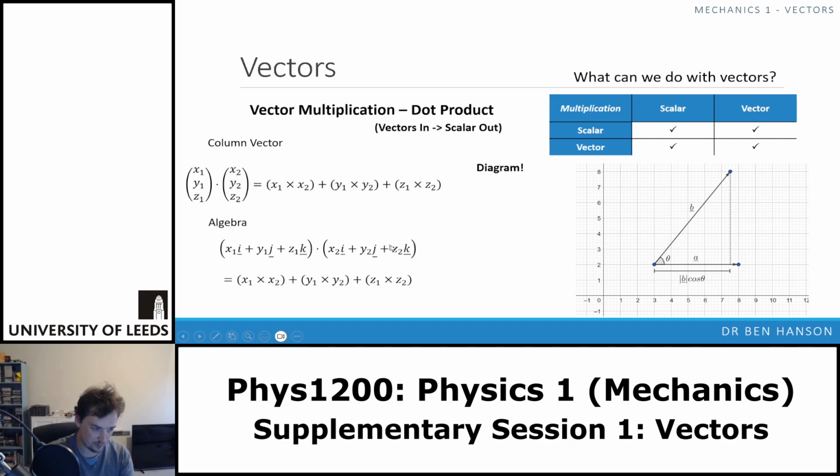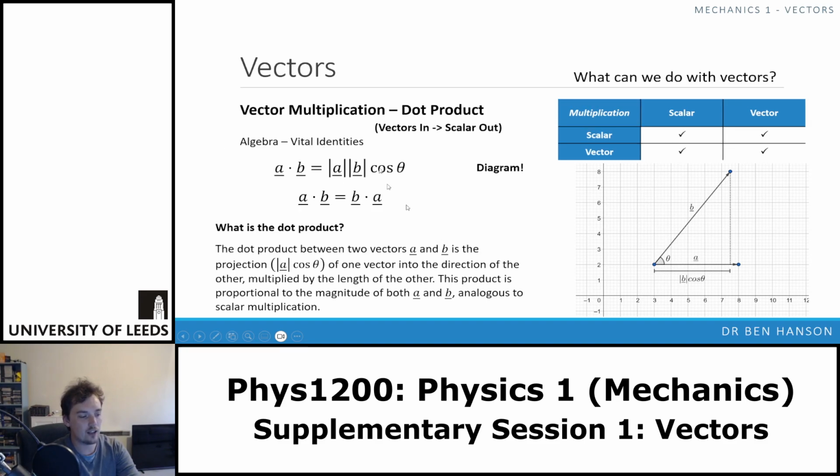If we times out these brackets exactly like normally timesing out brackets, we get x1i times x2i, x1i times y2j, x1i times z2k, and so on. So we'll get i dot i, j dot j, k dot k, but we'll also get i dot j, i dot k, j dot i, j dot k. We'll get all the other ones.